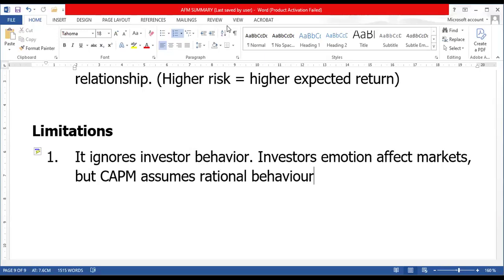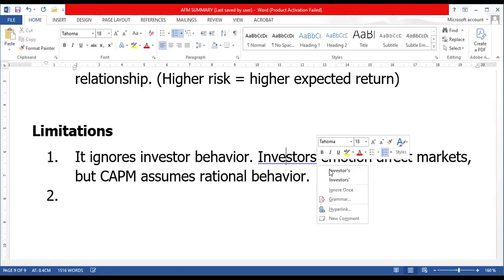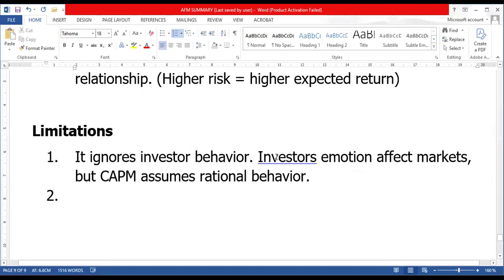So this model does not look at the behavior of the investor. There are some people who don't invest in some particular businesses. So that is number one.